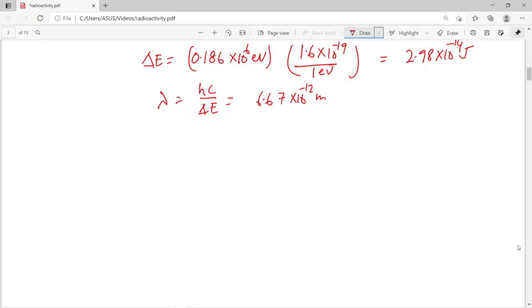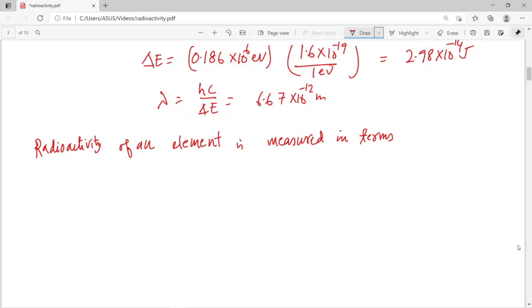From that we measure the radioactivity. The radioactivity of an element is first measured in terms of activity.